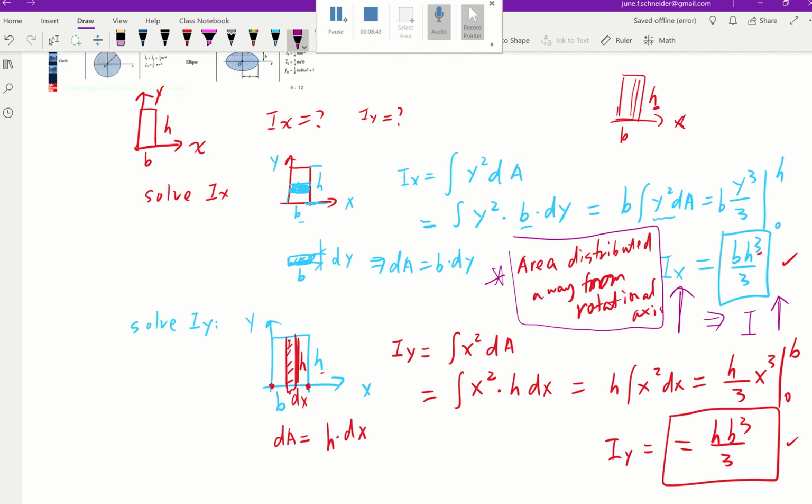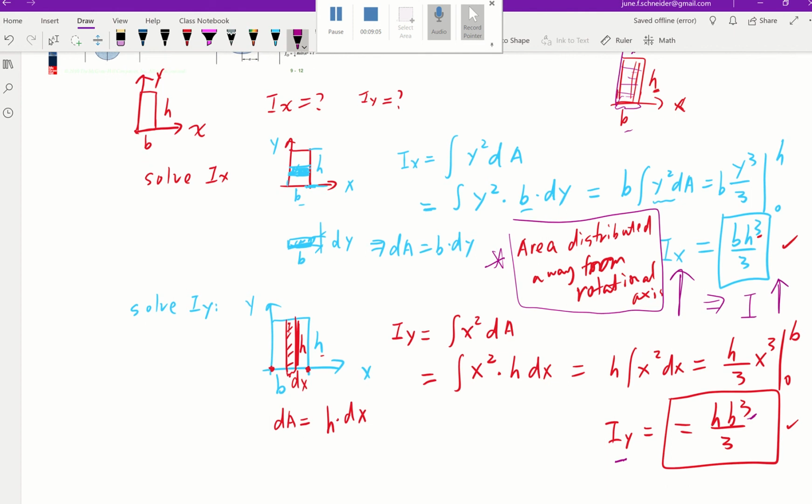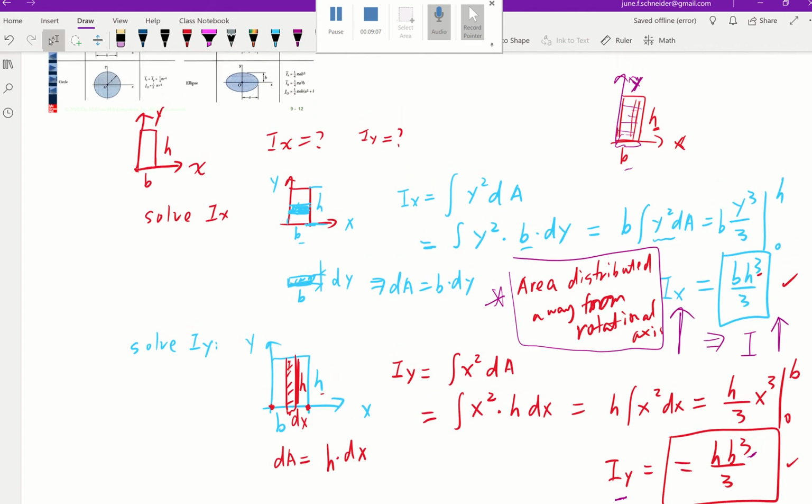All right. So now let's look at Iy. If you are rotating about y, so y is our rotational axis, how much area is distributed away from it is going to be this side. So the dimension will be b. So b is being cubed. Okay, so b matters now. So just look at this shape.